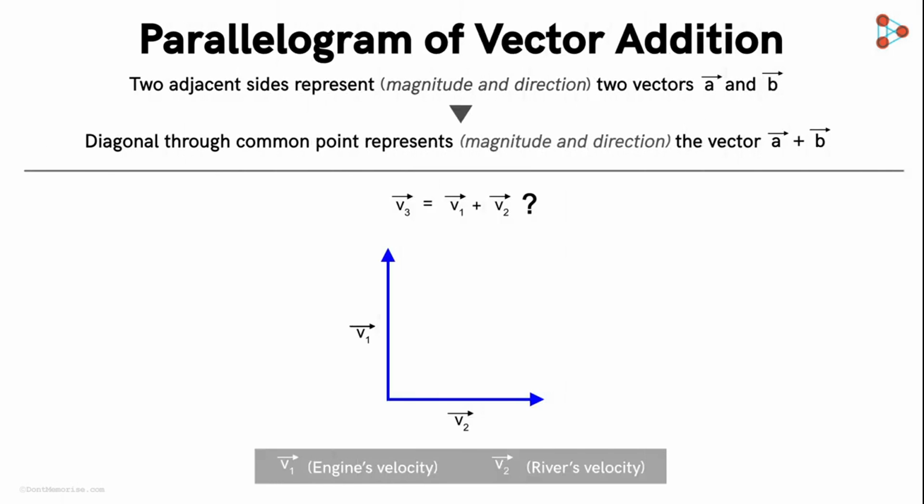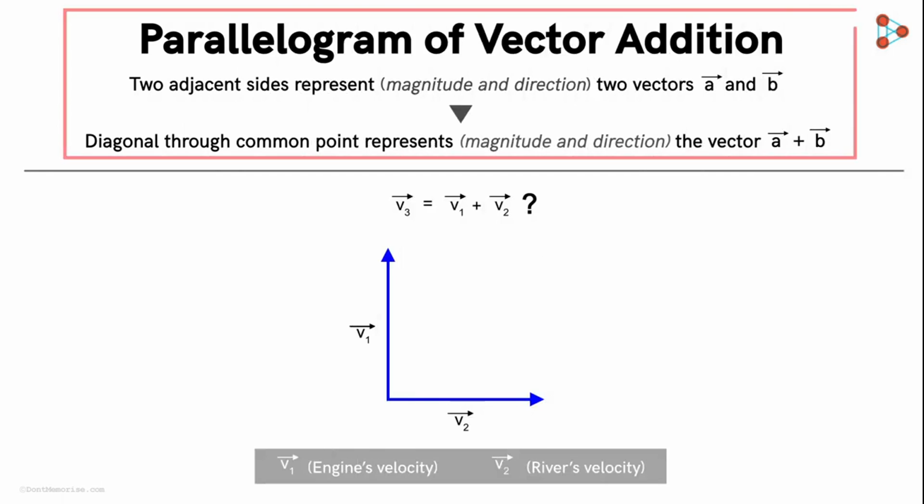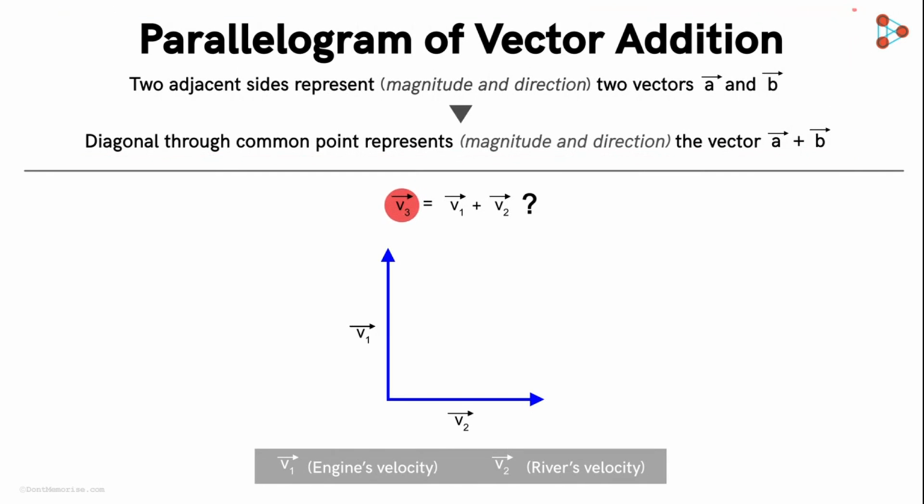Now let's get back to our example. Can you apply this law here to find the boat's actual velocity v3? For this, let's draw a line segment parallel to vector v1 here and similarly a line segment parallel to vector v2 here. So since v1 and v2 are perpendicular to each other, we get a rectangle here.